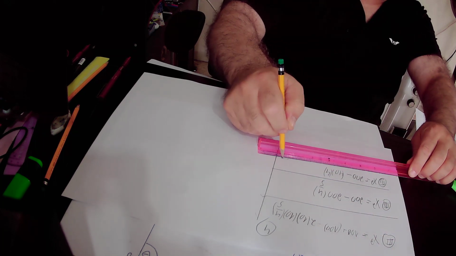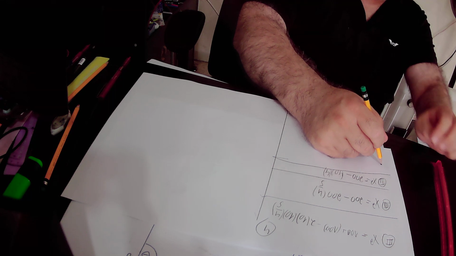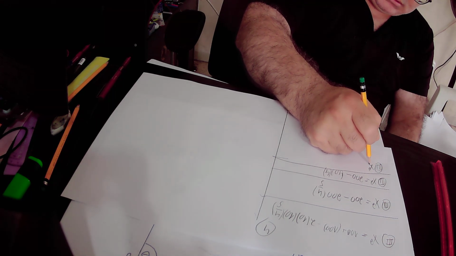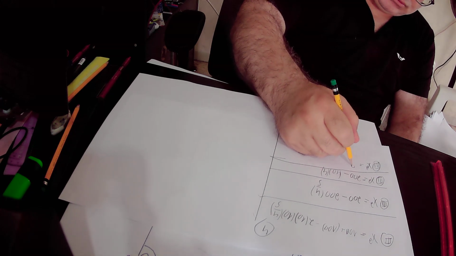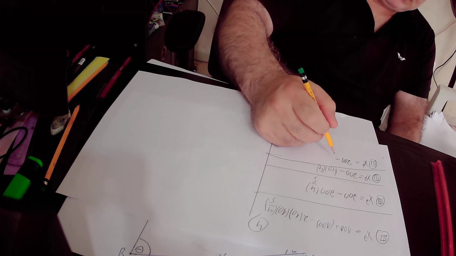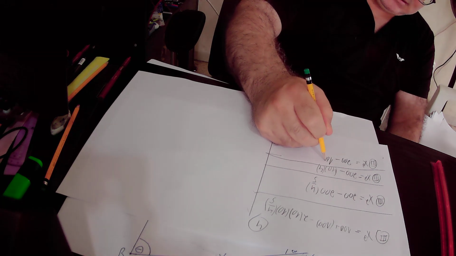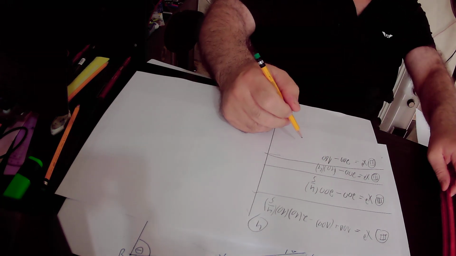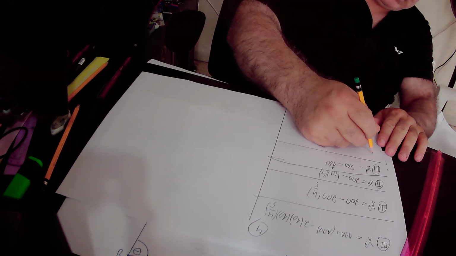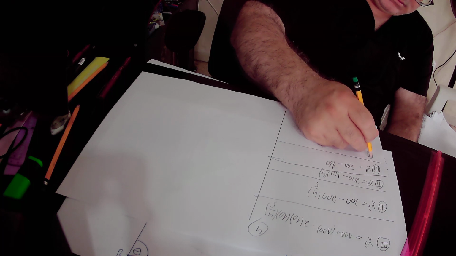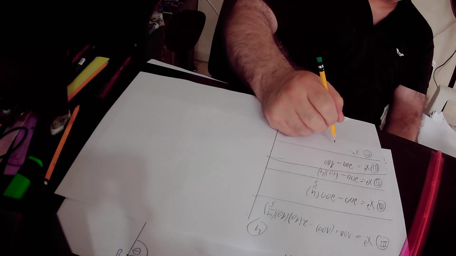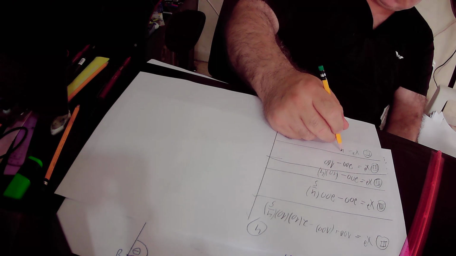In conclusion, x squared equals 200 minus 40 times 4 is minus 160. So x squared equals 200 minus 160 is 40.